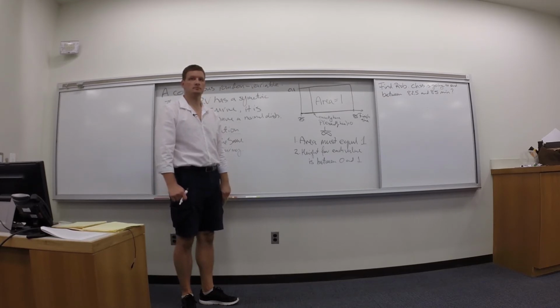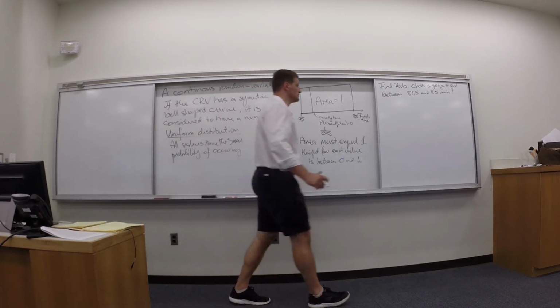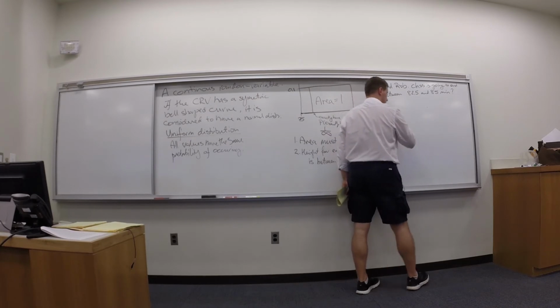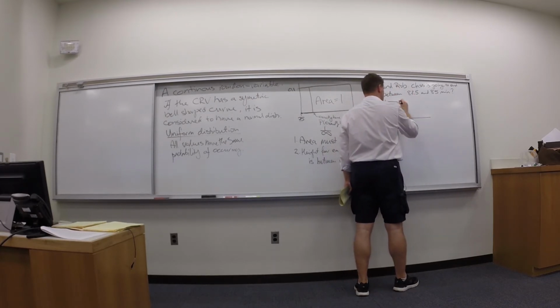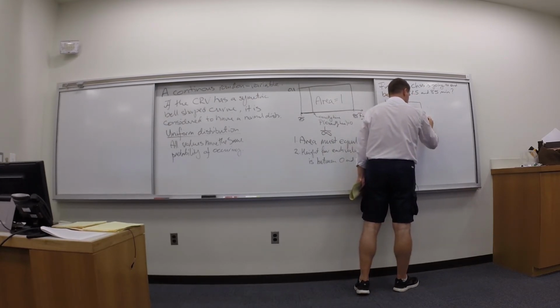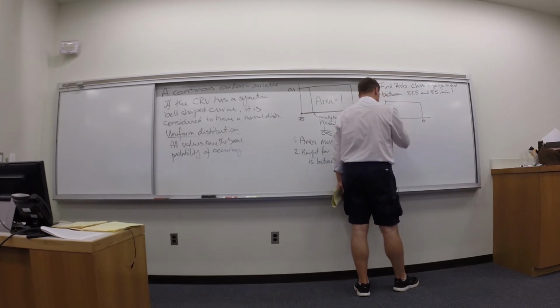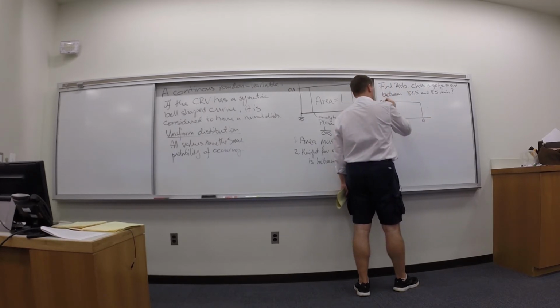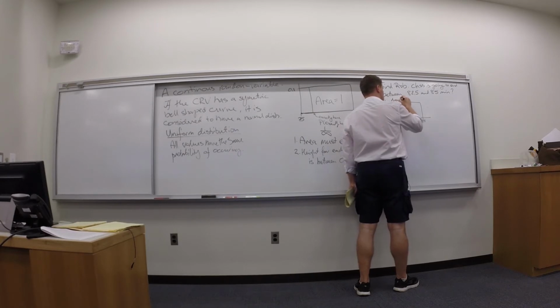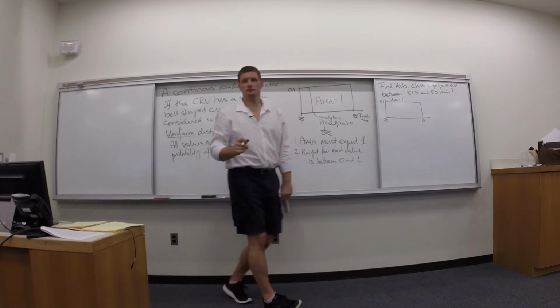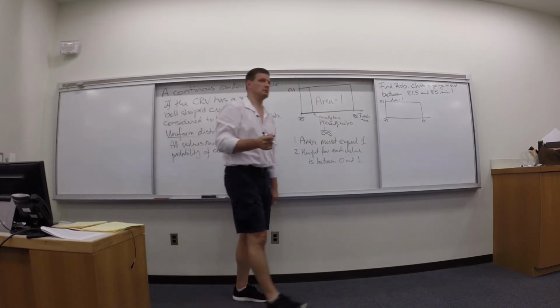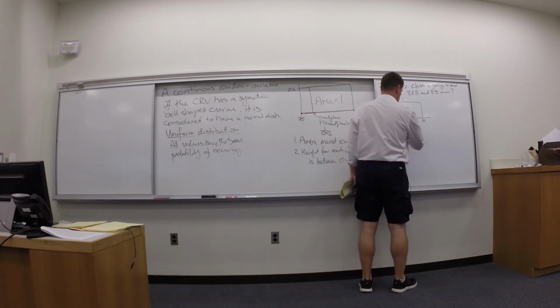What's the probability of that? Let's take a look at it. Well, we have this. This is 85. This is 75. Area equals 1. Where's 82.5? This is 80, so 82.5 is somewhere here.